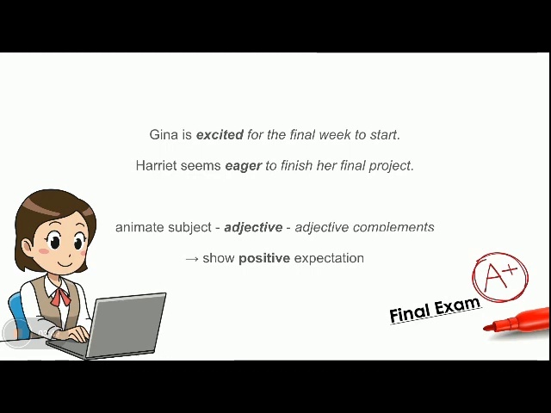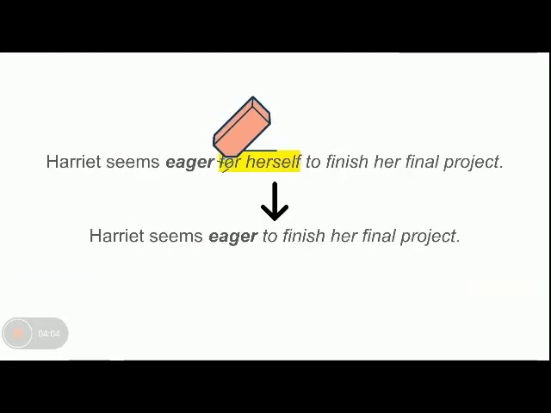If the sentence is in this structure, it shows positive expectation like happy, eager, ready, anxious, or excited. And then the last slide of my part is when the main subject and the complement are alike.